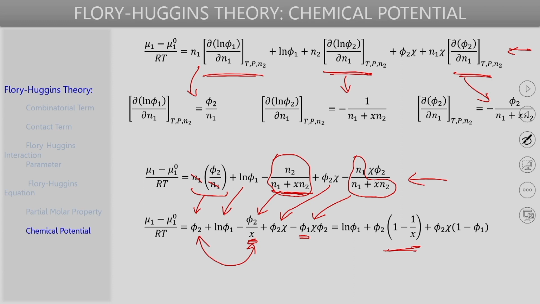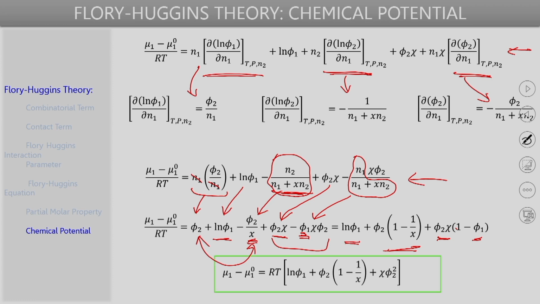This ln phi 1 is the ln phi 1 that we have here, and in the last term, from these two terms, phi 2 chi can be taken common outside. So we get 1 minus phi 1 here. Now, this is a binary mixture, so 1 minus phi 1 will simply be phi 2. So in the final expression, this 1 minus phi 1 is nothing but phi 2.